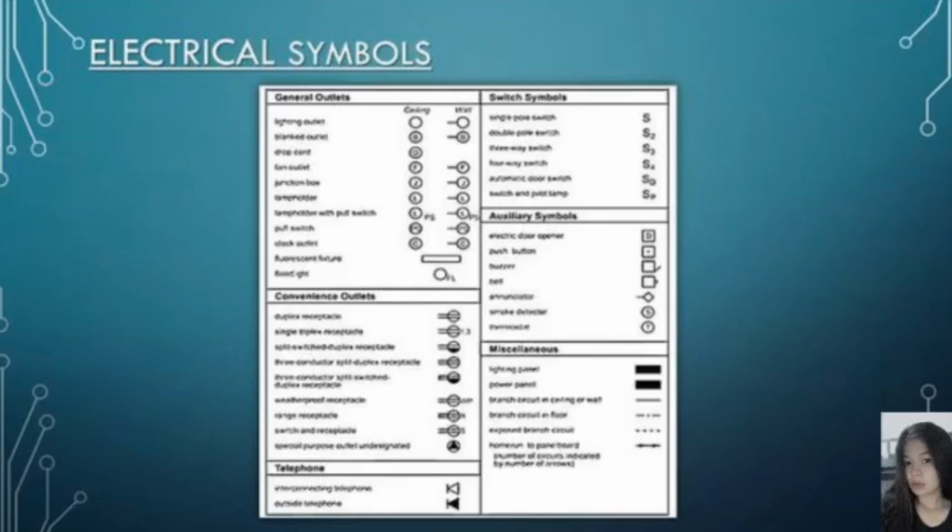We have electric door opener, push button, buzzer, bell, annunciator, smoke detector, and inner. Lastly, we have miscellaneous: lighting panel, power panel, branch circuit in ceiling or wall, branch circuit in floor, exposed branch circuit, home run to panel board.